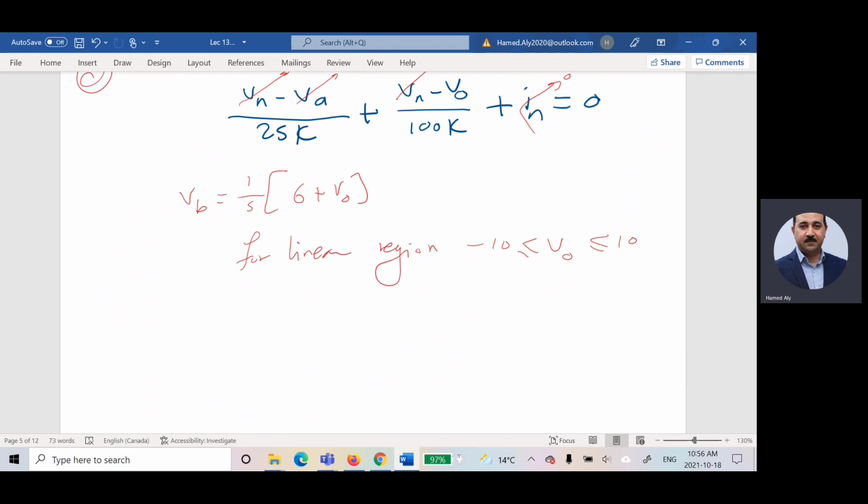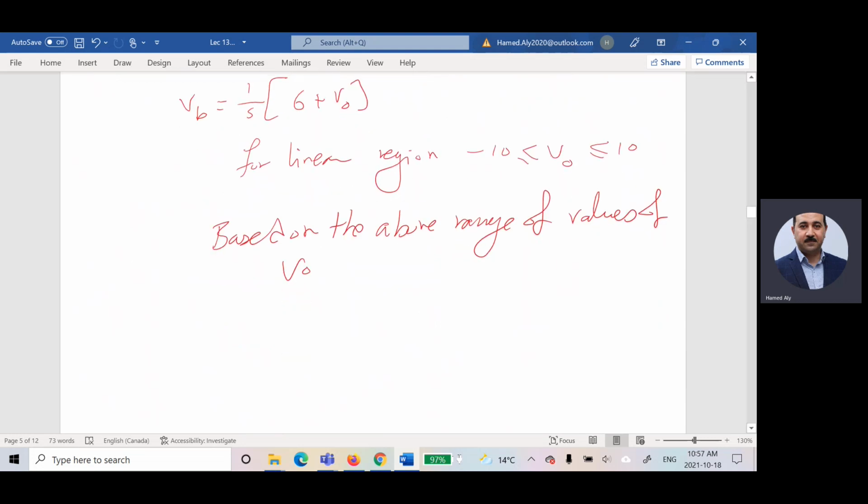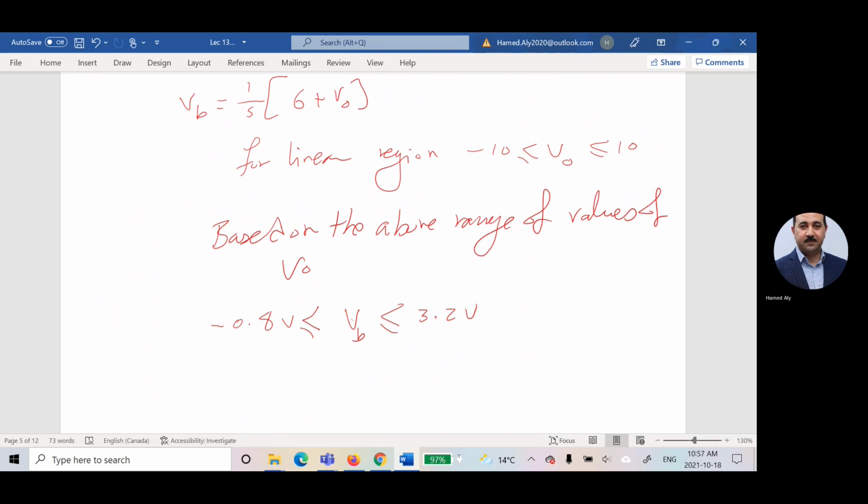Based on that range of values of VO, I can say VB is in between negative 0.8 and 3.2 volts. If you substitute VO equal to negative 10 and 10 in the equation for VB, you will get the range of values of VB.